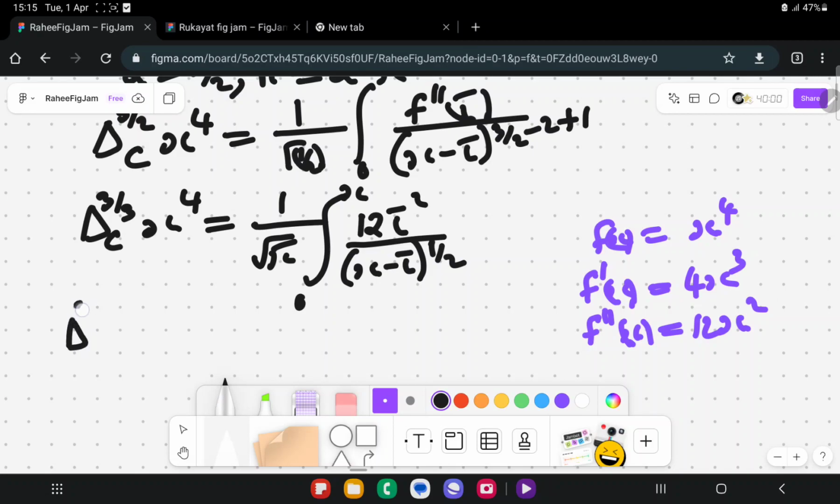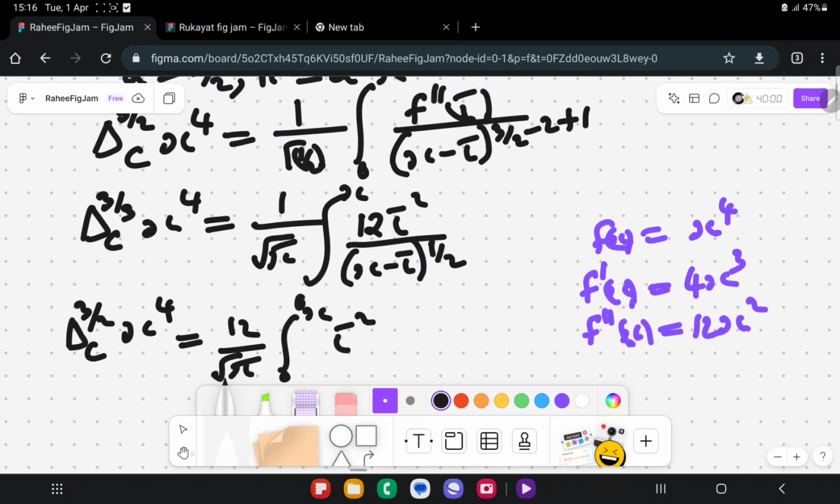We have the same thing, 3 all over 2 x raised to power 4 is equal to 12 all over the square root of pi into our integral from 0 to x.